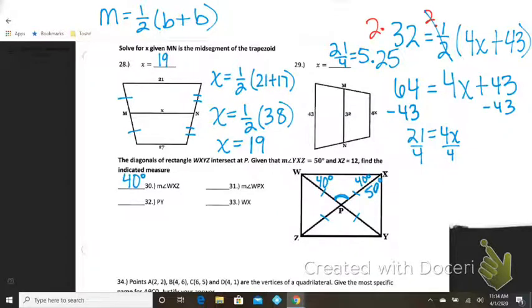Now, if we again bring back that little triangle we'd highlighted, if we know two angles in a triangle, you can always find the third one because all the angles in a triangle add up to 180. So if we take 180 minus 40, we would get 100, and that is the measure of angle WPX.